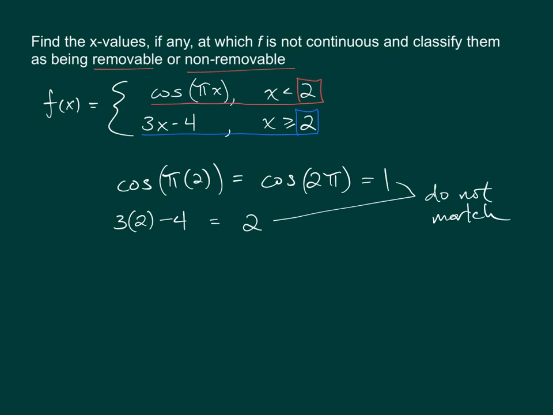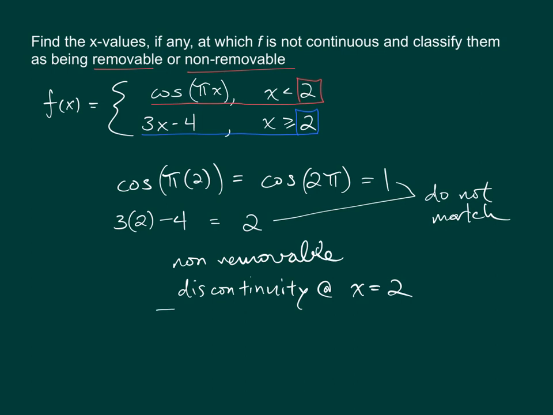So we know that there is a discontinuity at x equals 2. Since these two y values do not match, this gives us a non-removable discontinuity because there will be a vertical gap in between these two ordered pairs. So this is a non-removable discontinuity at x equals 2.